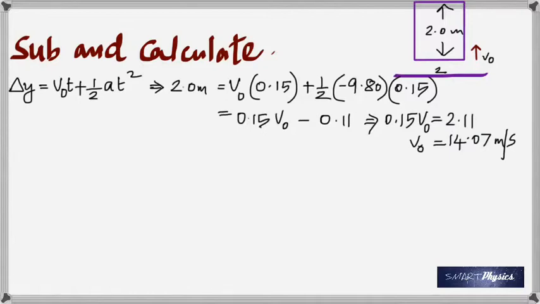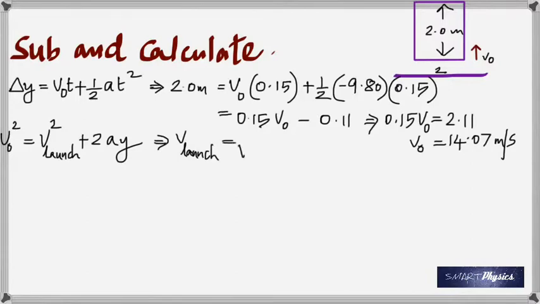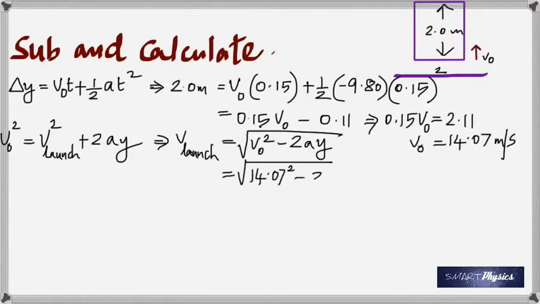Now, since you got that, now we can use this equation. V naught squared is equal to V launch squared plus 2 A y or A delta y, and make the velocity of launch the subject, and you're going to get this equation, into which you carefully plug the numbers.